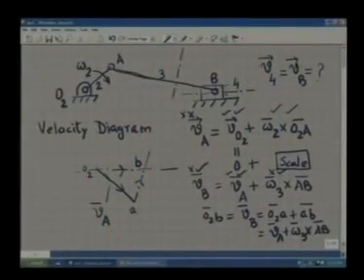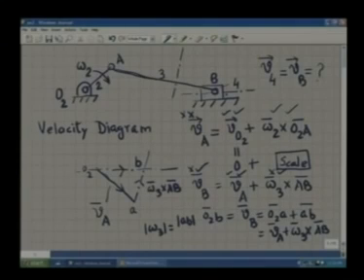Now before we go for the acceleration analysis, we must obtain all the information regarding the velocity characteristics. For example, now we determine omega 3, because this vector ab represents omega 3 cross AB, so I can determine the magnitude of omega 3, because I know what velocity the vector ab is representing and the magnitude of the vector AB.